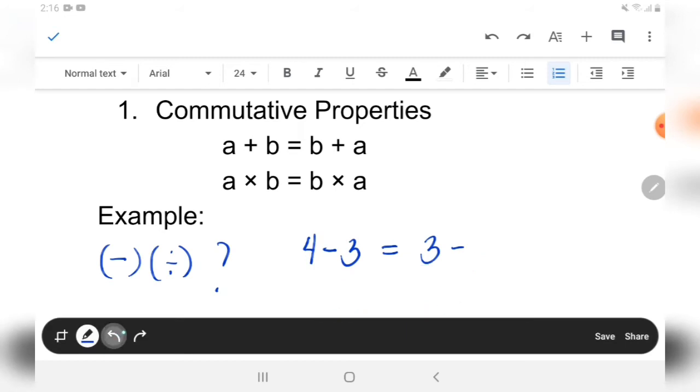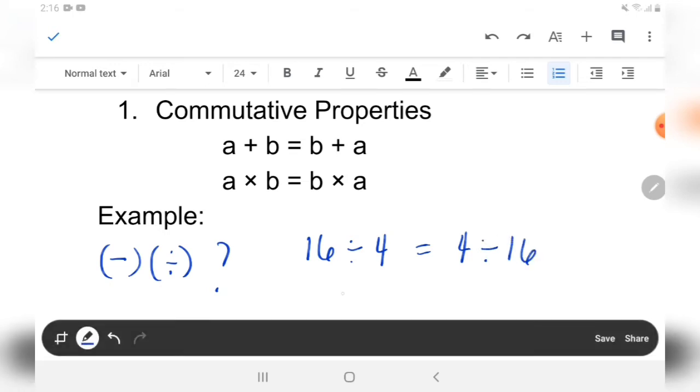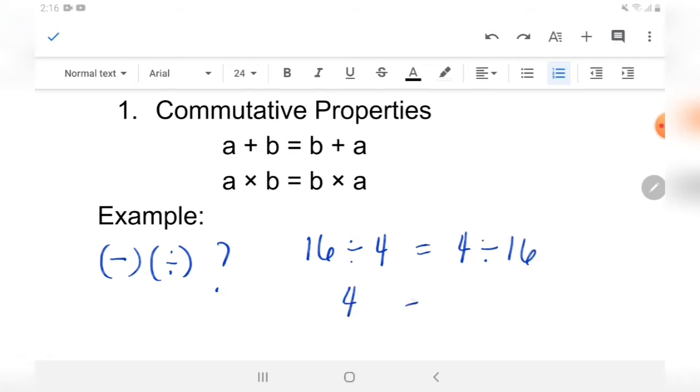How about in division? Okay, let's try. For example, 16 divided by 4 equals 4 divided by 16. Answer? This is 4 and then this is 0.25.